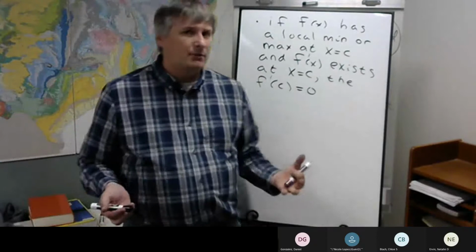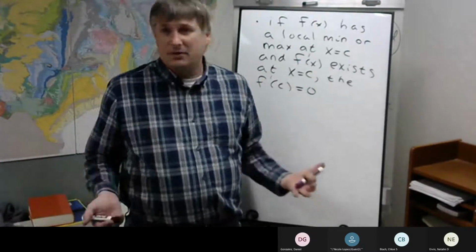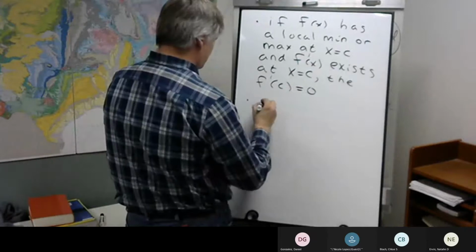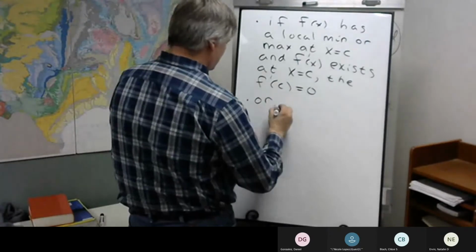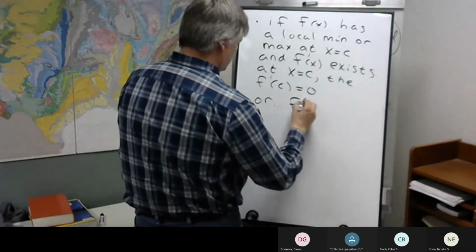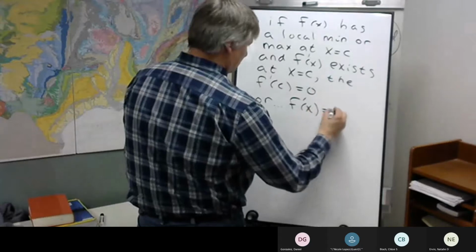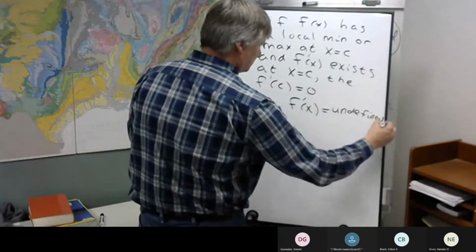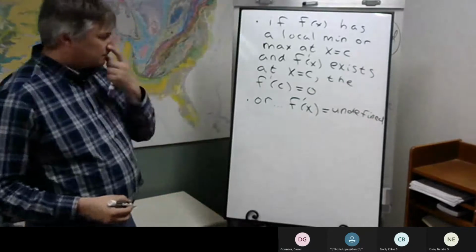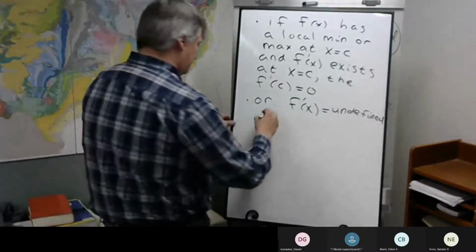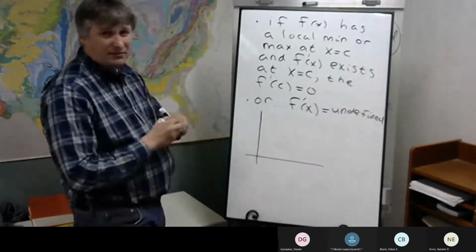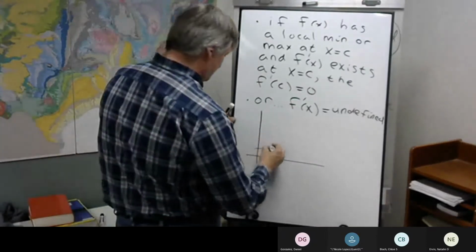Now, the other thing it mentioned about critical points is where the derivative is undefined. So in this case, we might have something like this.